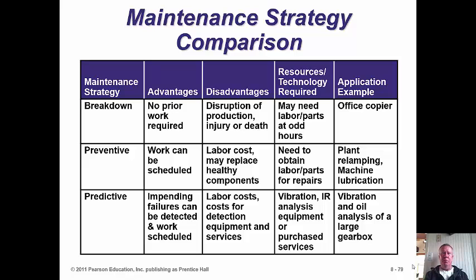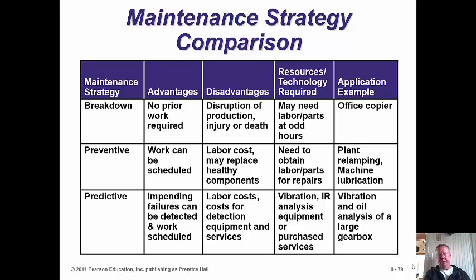There's usually some sort of degradation, whether it be vibration, heat, noise, something like that. If you've got the correct sensors on there and you're paying attention, you'll be able to almost eliminate breakdowns.